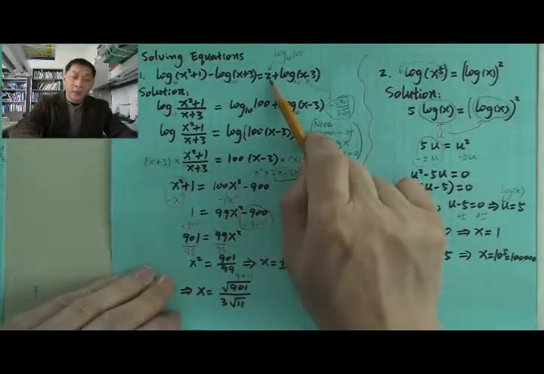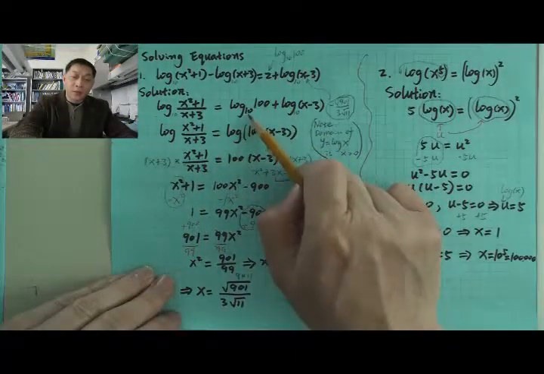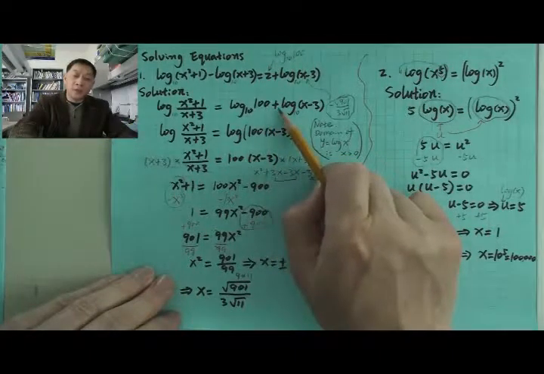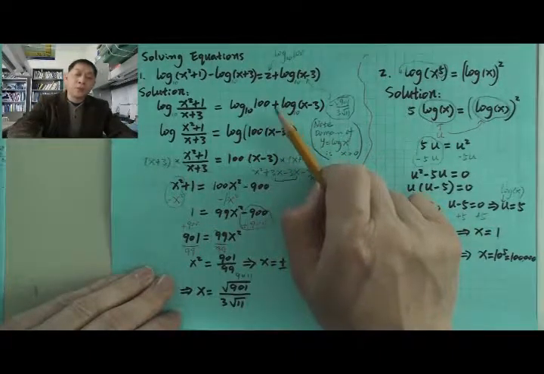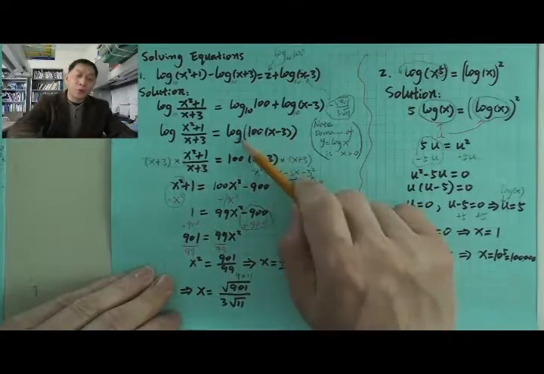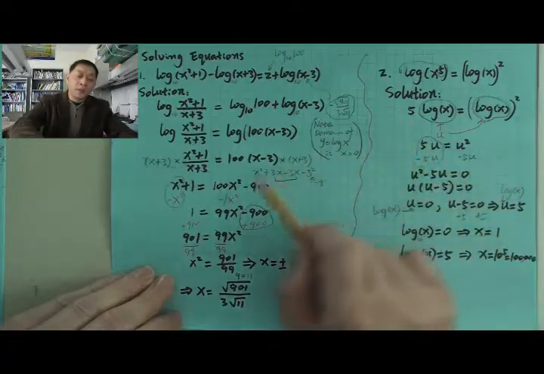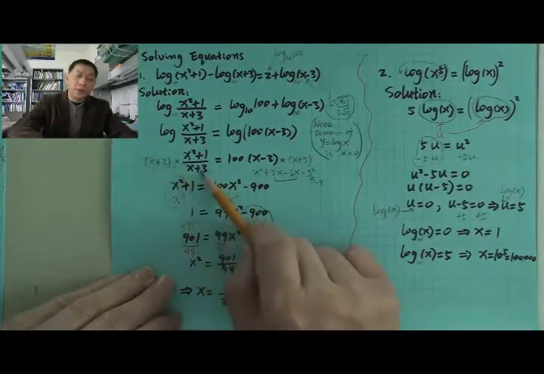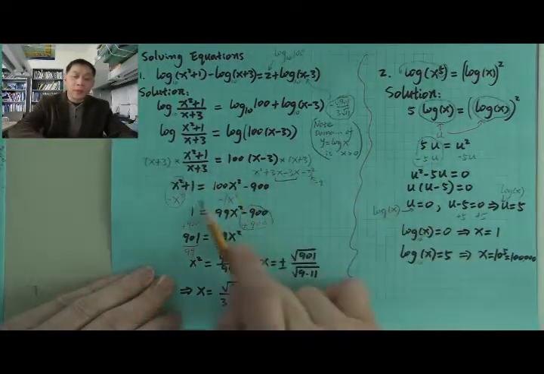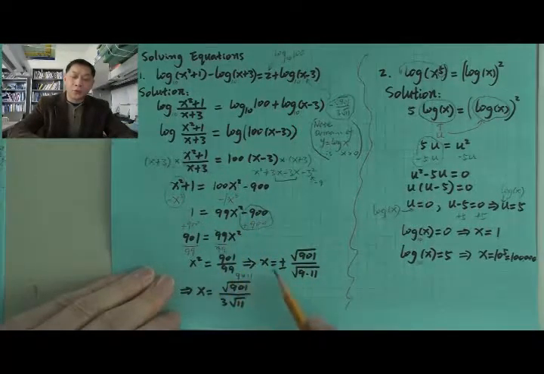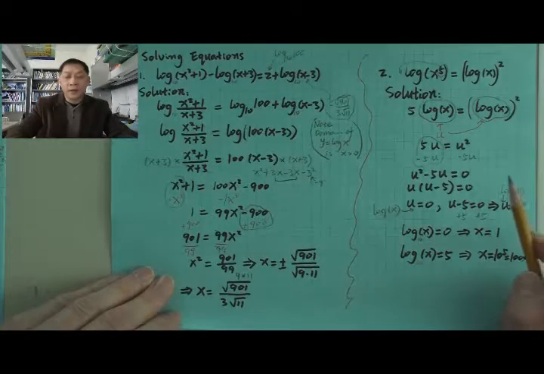The technique here is to change 2 to log base 10 of 100, and use the property from addition to multiplication. Then you drop the log. Then eliminate the denominator, so you get what looks like a quadratic equation until you take the square root.